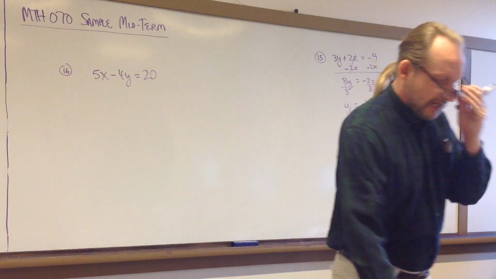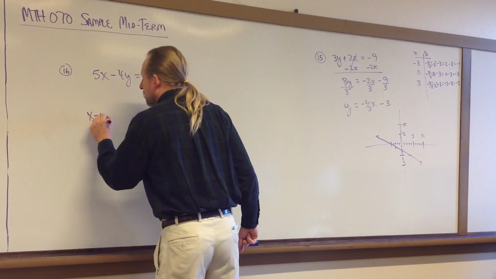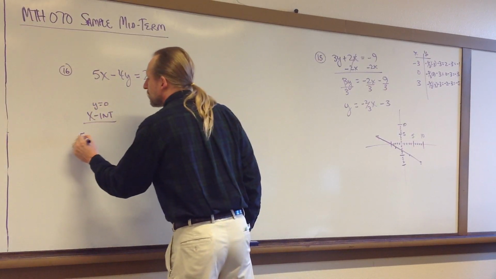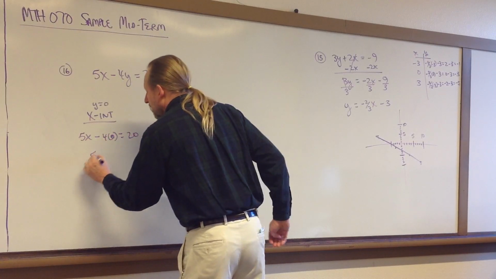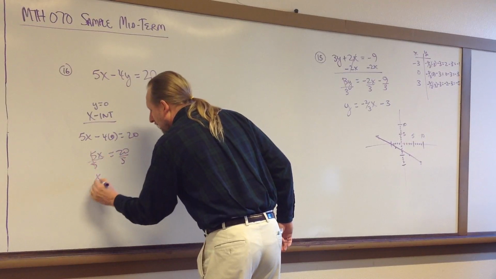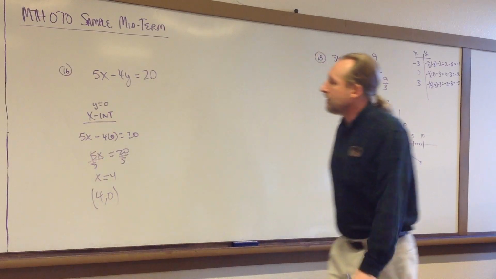And we need to find the x and y intercepts. So remember, for the x-intercept, that's where y equals 0. So this will be 5x minus 4 times 0 equals 20. 5x equals 20. X equals 4. And so the point we're interested in is the point 4, 0.